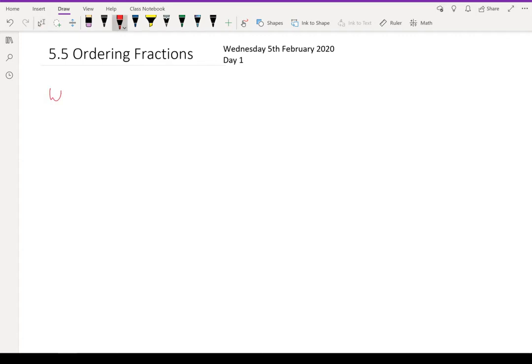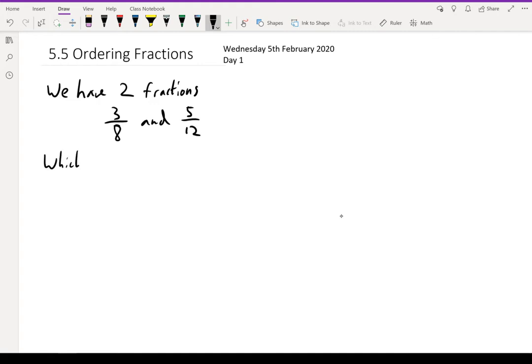We have two fractions, 3/8 and 5/12. And then we want to find out which one is greater.